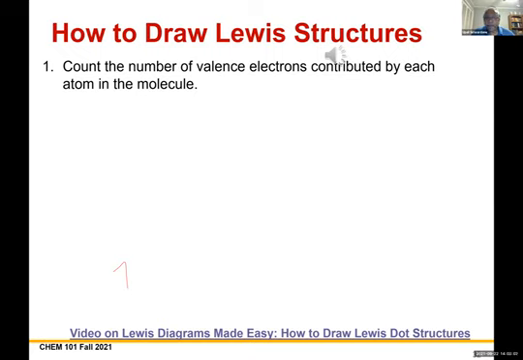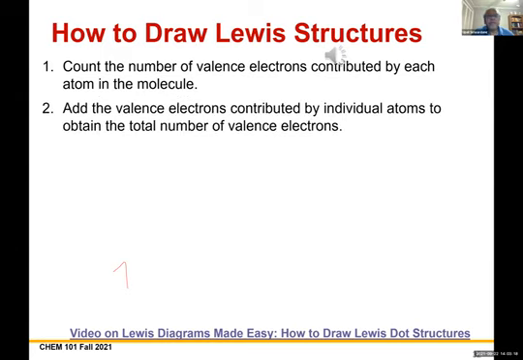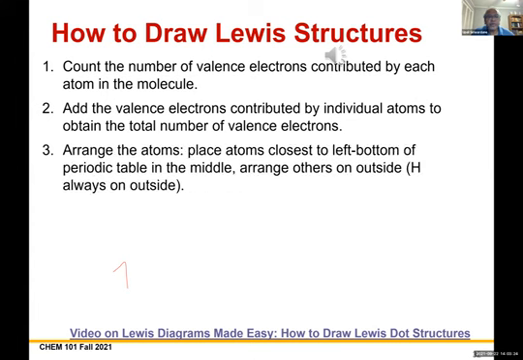Water has 8 valence electrons total, 2 from hydrogen, 1 each, 6 from oxygen, adds up to a total of 8 electrons. Add the valence electrons contributed by individual atoms to obtain the total number of valence electrons.